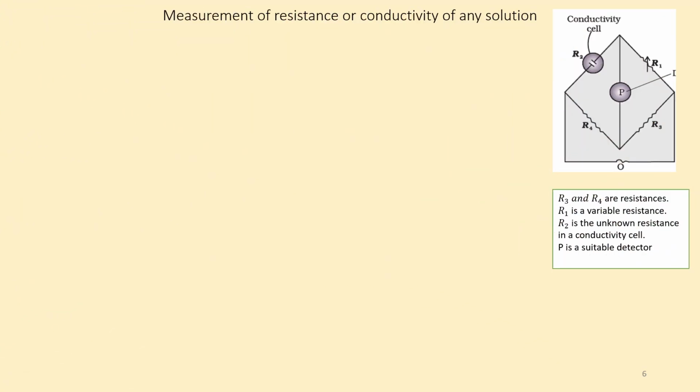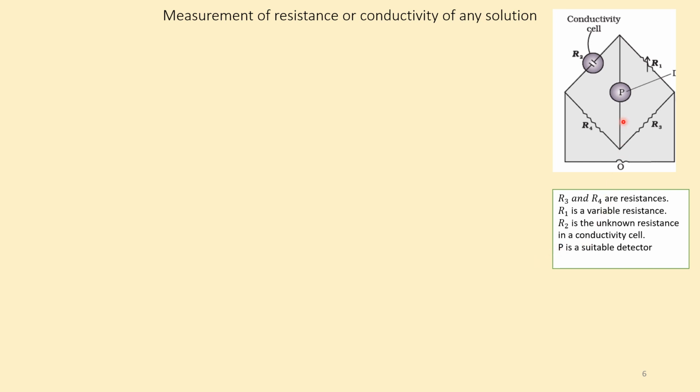Once the cell constant is determined, we can use it for measuring the resistance or conductivity of any solution. The setup for measurement of resistance is shown on your screen.